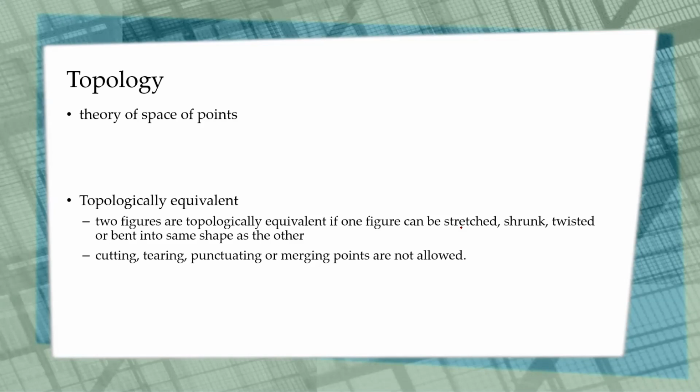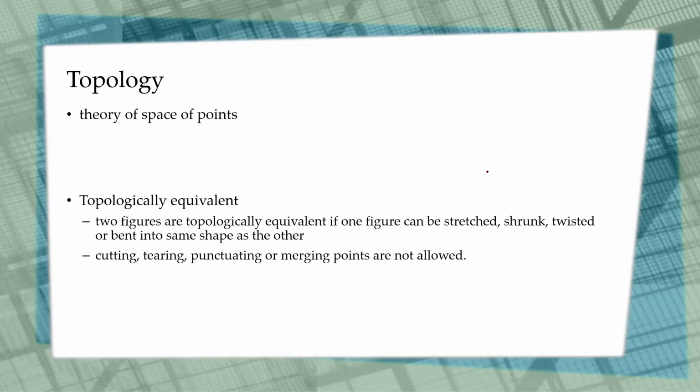Okay? So what are the possible things that we can do? So we say that two objects are topologically equivalent if one figure can be stretched, shrunk, twisted, or bent into the shape of the other.